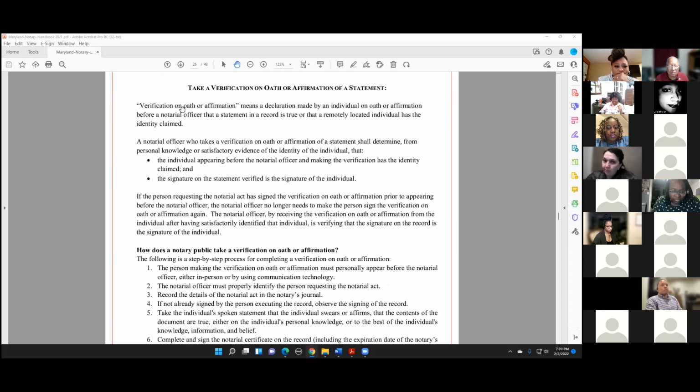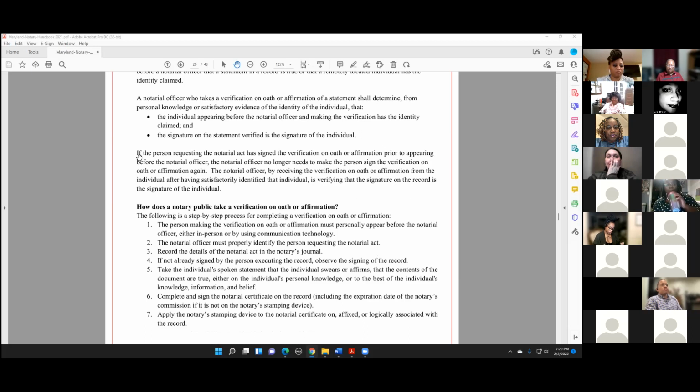It says verification on oath or affirmation means a declaration, which we've been calling a verbal declaration, made by an individual on oath or affirmation before a notarial officer that a statement in a record is true, or that a remotely located individual has the identity claimed. A notarial officer who takes a verification on oath or affirmation of a statement shall determine from personal knowledge or satisfactory evidence their identity. We don't have to go over that anymore because we've gone over that.